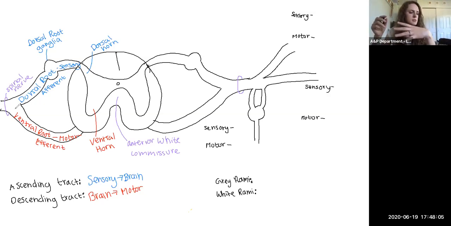I'm not going to draw this, but nerves is your next thing. Nerves, they have 3 layers, your epineurium, perineurium, endoneurium. Epi means upon. So it's going to be the outside layer of your nerve. Endo means inside. Endo is going to be that inside layer.